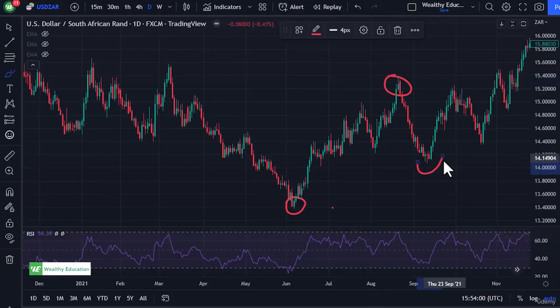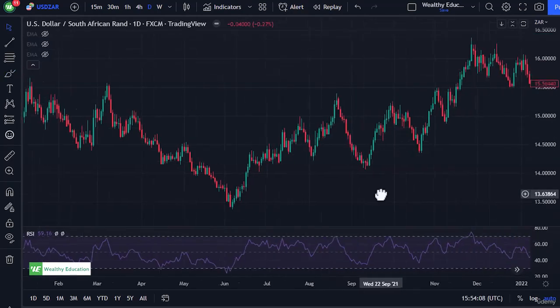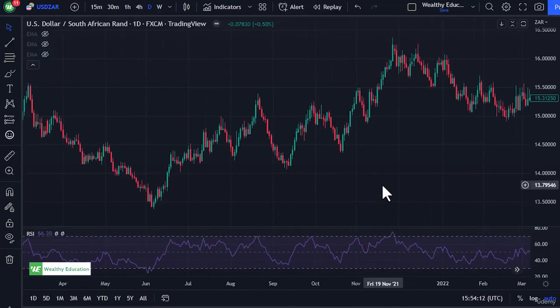Now, notice we did rally from here and we didn't go into the oversold condition. That does happen. It doesn't mean that it absolutely has to happen for the market to turn around. It just gives you an idea of when things may have gotten a little too far ahead of themselves. So, like right here, you can see the market was overbought.